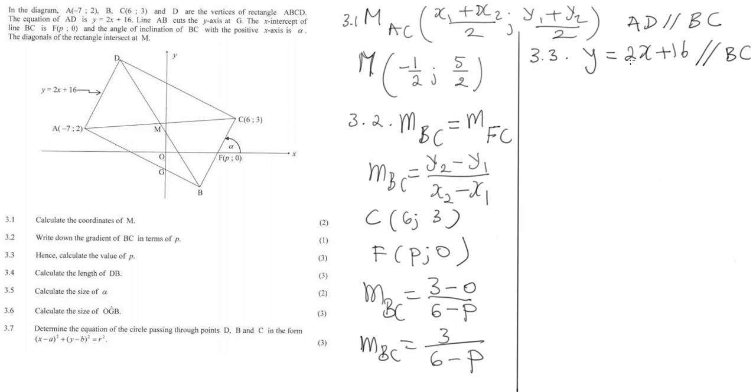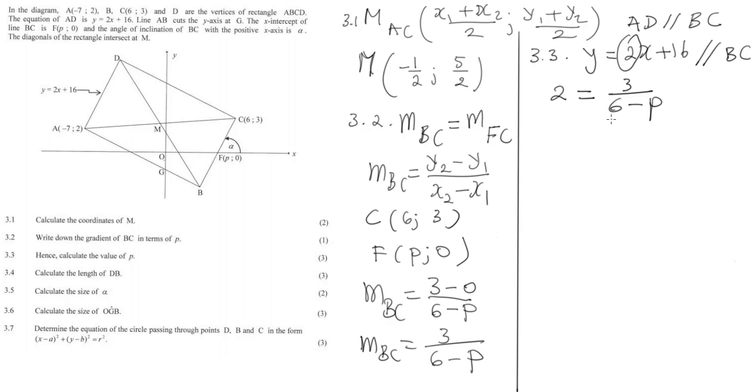So the line AD is parallel to the line BC. Meaning that the gradient of AD, which is 2, is equal to 3 over 6 minus p. The gradient is the coefficient of x, because the straight line is written like this.